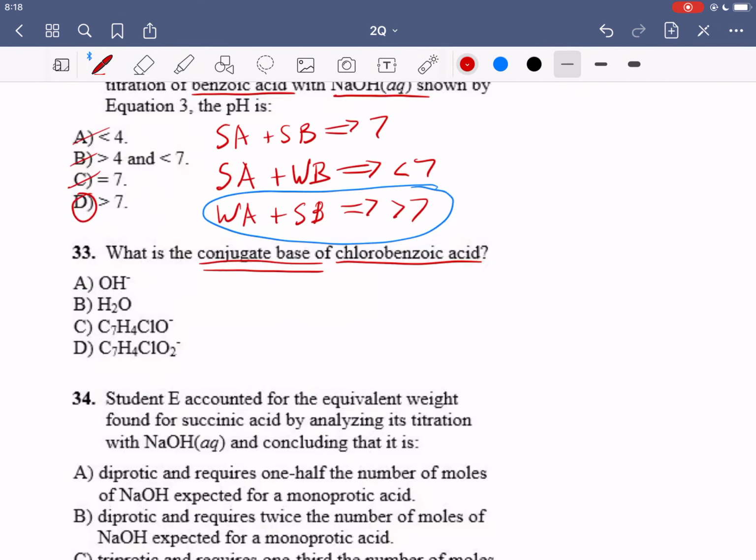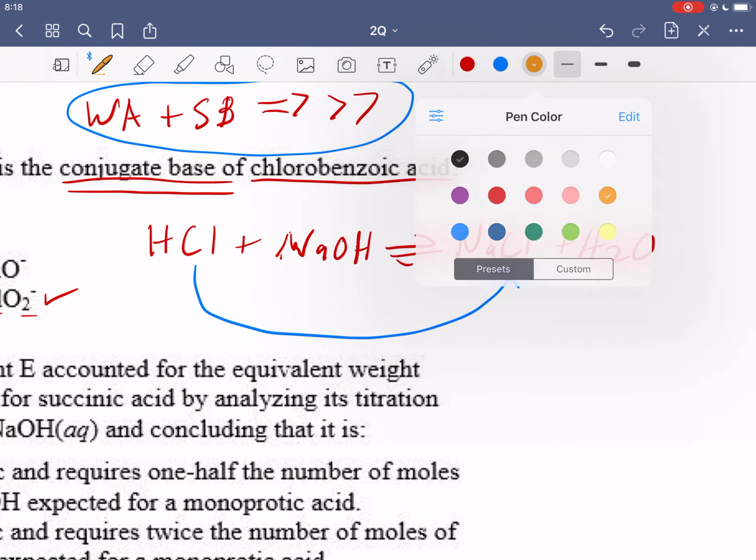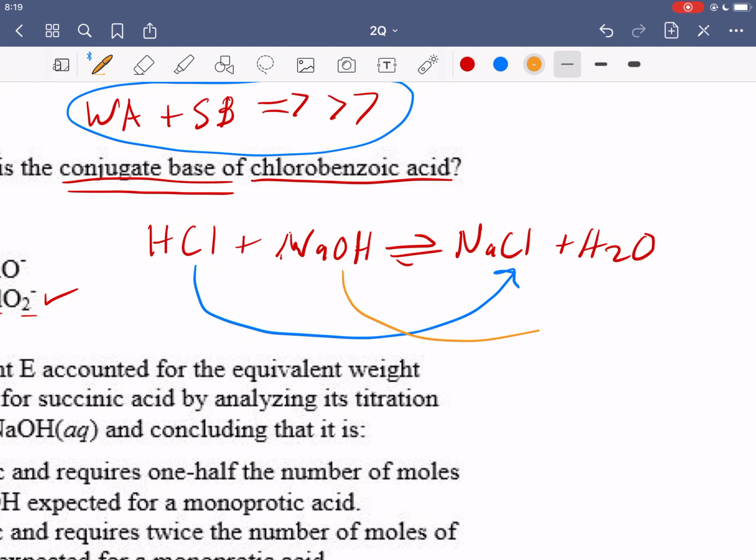So these two things are matched, and then these guys are matched with each other. So this is a pair. Because on the left side, the chloride is in its acid form because it has an H attached to it. So here it's acting as an acid. And then on the product side, it's still a chloride, but now it's going to act as a base because really this is Na plus Cl minus. So since it has a negative charge, it's going to act as a base. All right. So those are the conjugate pairs.